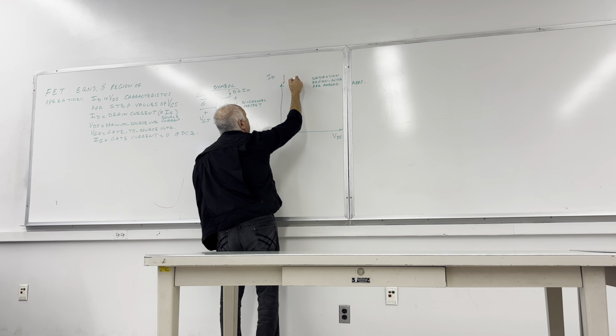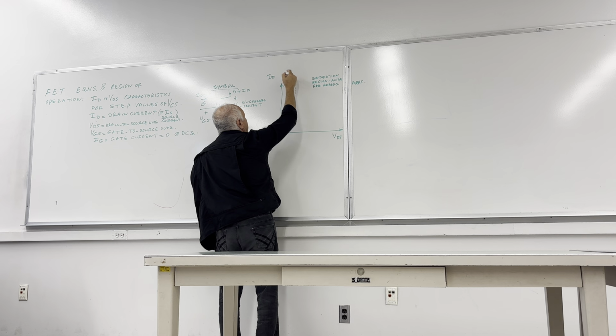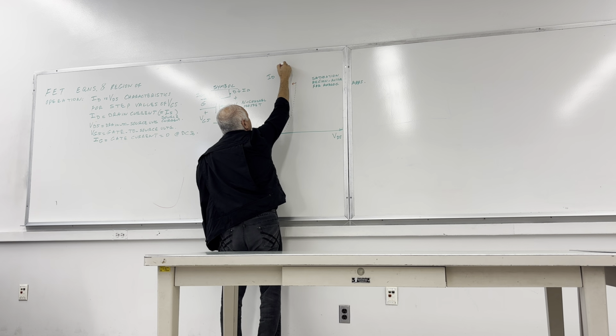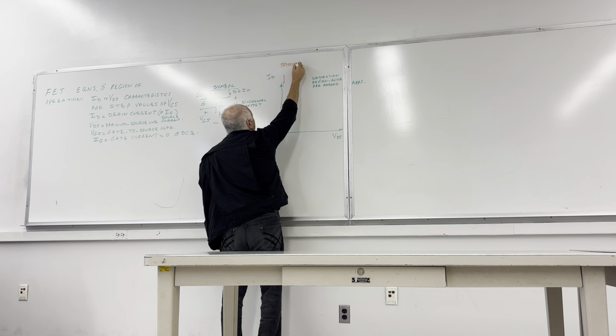Here, to the left of the parabola, this is called the triode or ohmic region.